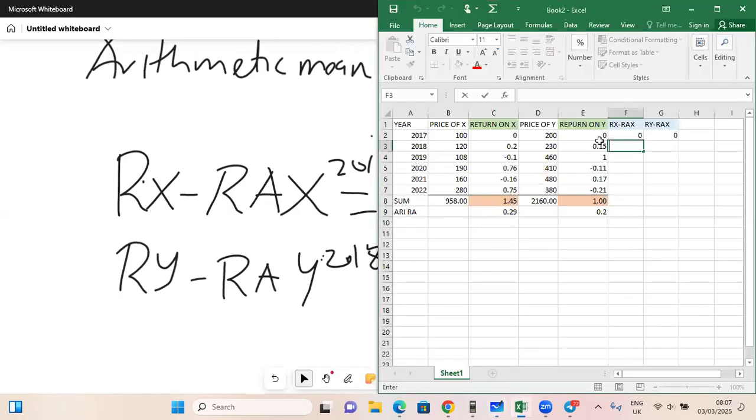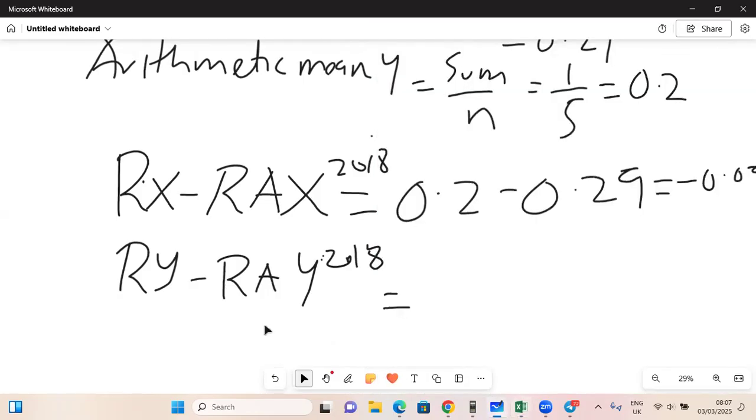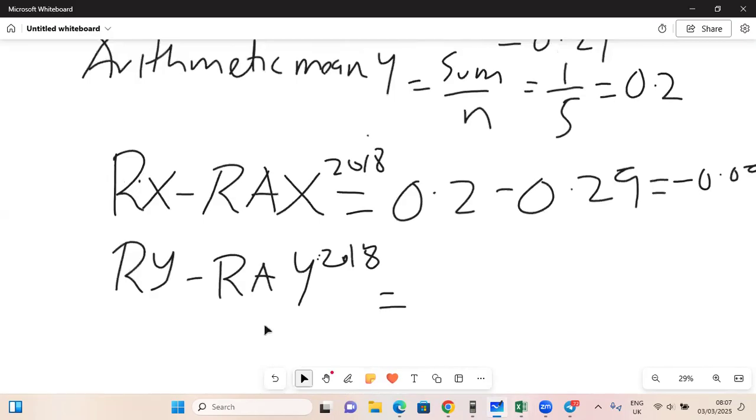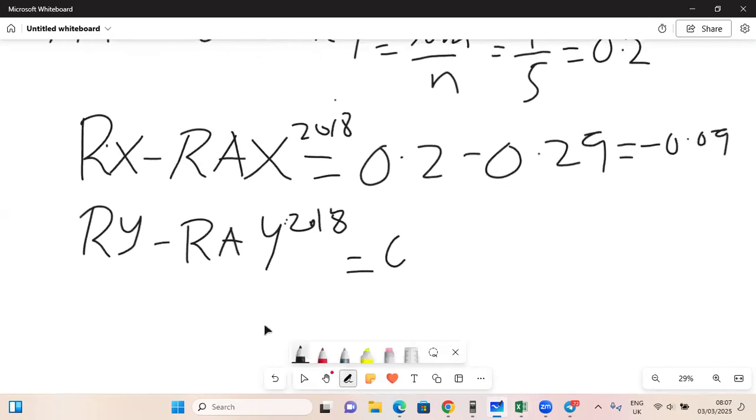You take 0.15 minus 0.2. We are going to get 0.05. We are doing this because we want to find covariance and then correlation coefficients. If the question doesn't state that we should find covariance and correlation coefficient, then we don't need to do this.